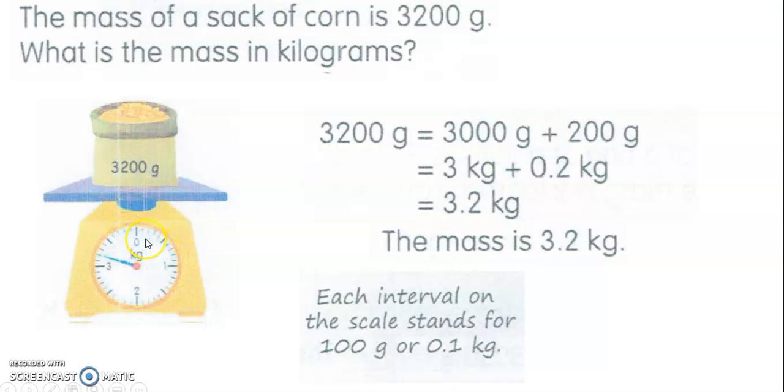Between the kilos we have small intervals or small markings. Each small marking stands for 100 grams or 0.1 kilogram, because 100 grams equals 0.1 kilograms.